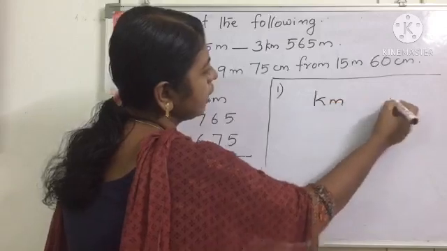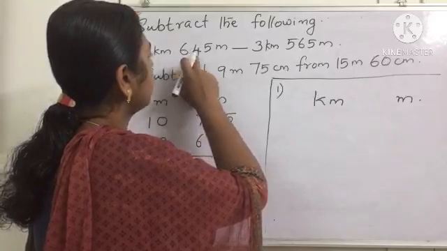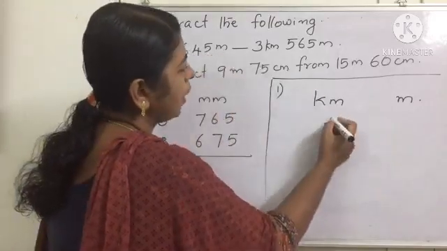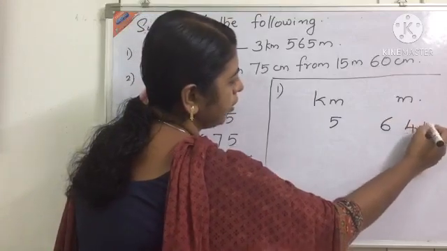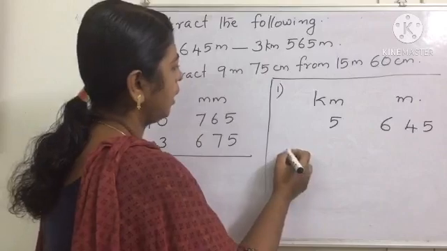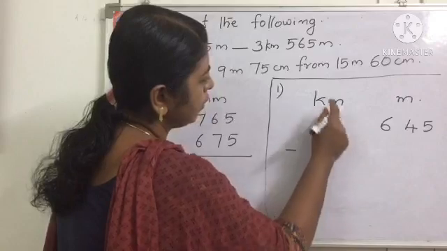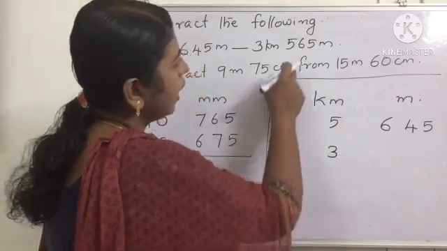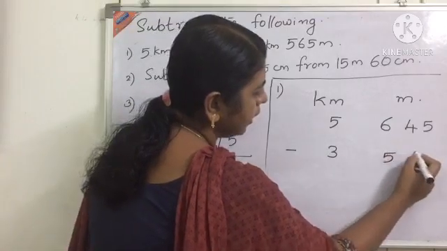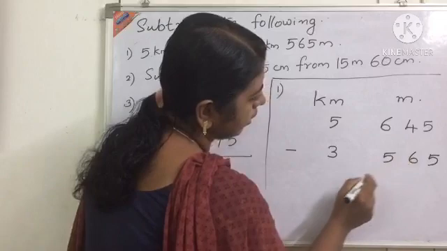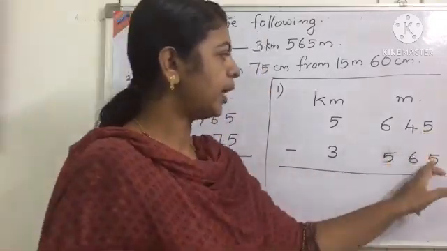Then 5 kilometer 645 meter minus 3 kilometer 565 meter. Below the kilometer we write 3, and below the meter we write 565 meter.